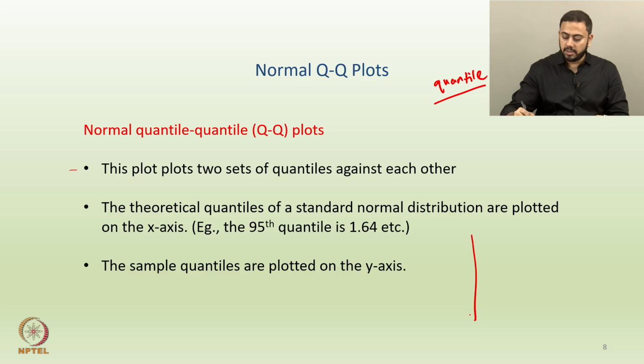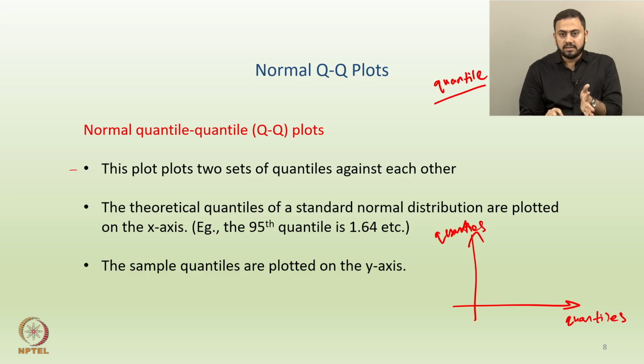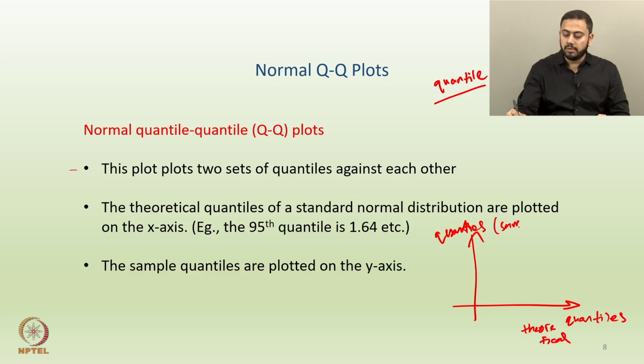You have a plot like this, with an x axis and a y axis, and on both axes there are quantiles plotted. On the x axis we plot the theoretical quantiles of a standard normal distribution, and on the y axis we plot the sample quantiles. Sample quantiles are generated from the data that you have, and theoretical quantiles are generated by assuming a standard normal distribution.